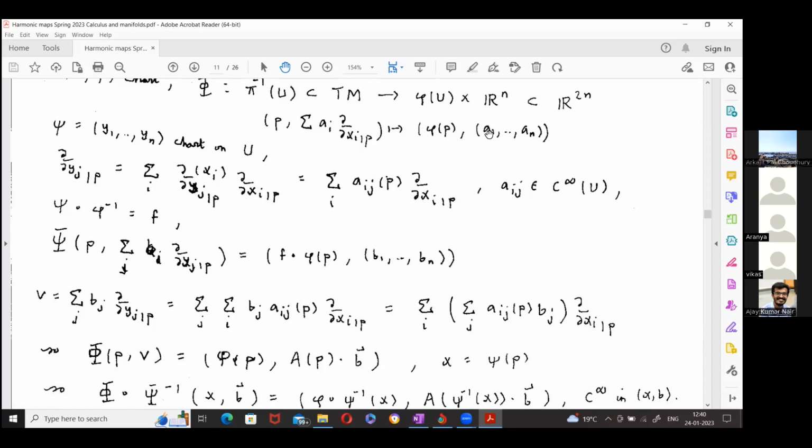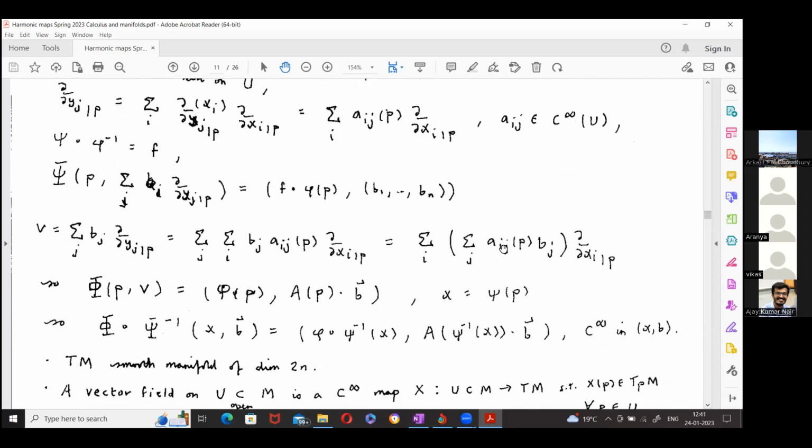But the coefficients of my vector v are these sums over j of aij(p) times bj. Now you can see, these are the entries of the matrix aij times the column vector bj, right? This is just a matrix multiplication, right?